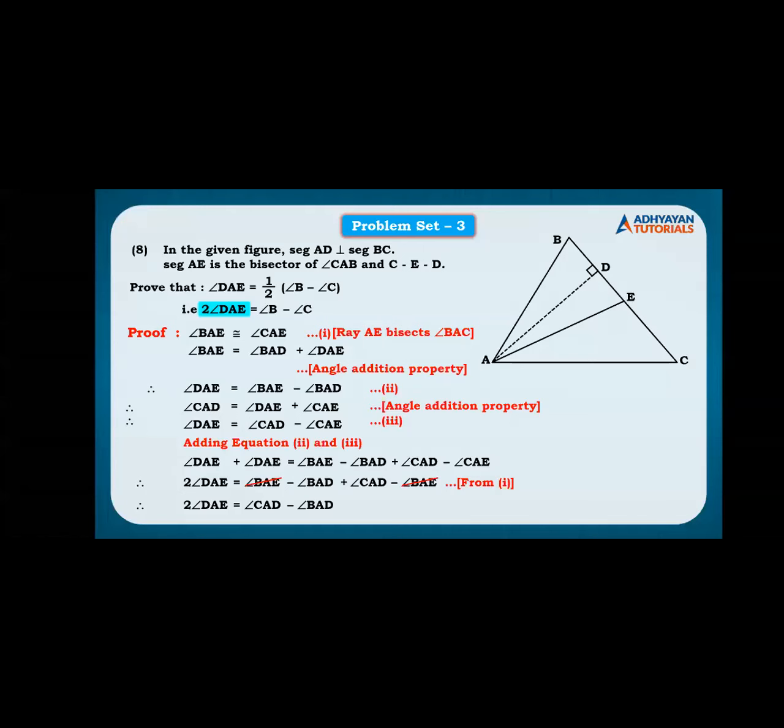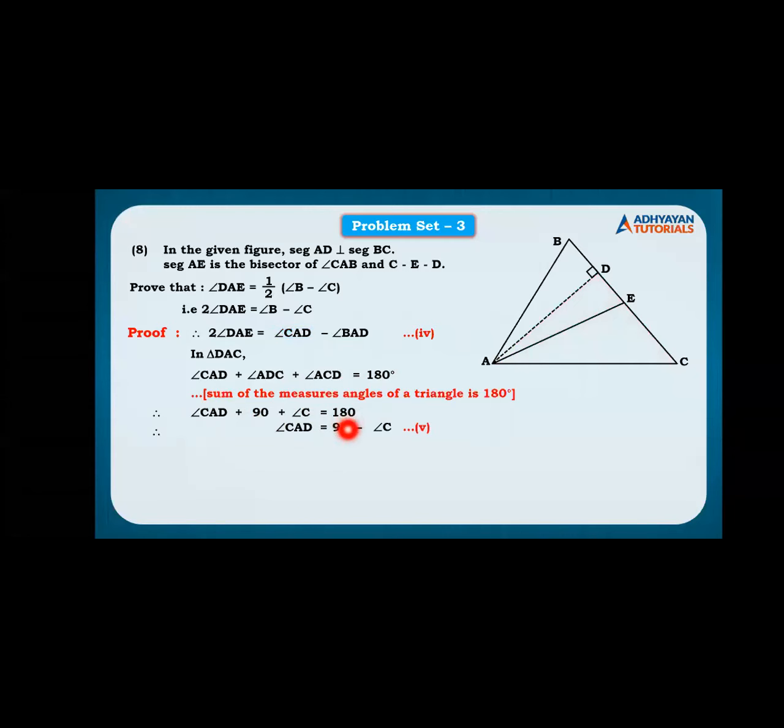Plus 90 going to the other side will become minus 90, and plus angle C going to the other side will become minus angle C. Children, what is 180 minus 90? Definitely 180 minus 90 is 90. So I have written the final answer 90. Do not get confused, when this 90 goes to the other side it first becomes negative. 180 minus 90, the answer I have written as 90. I mark that as equation 5.